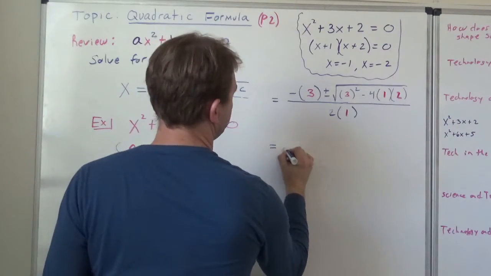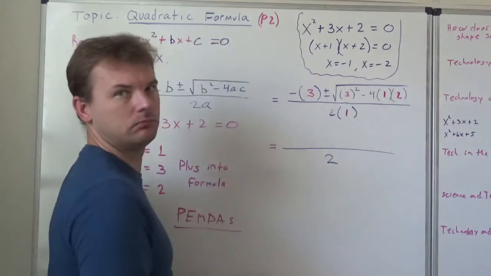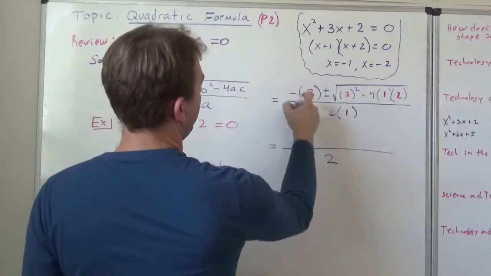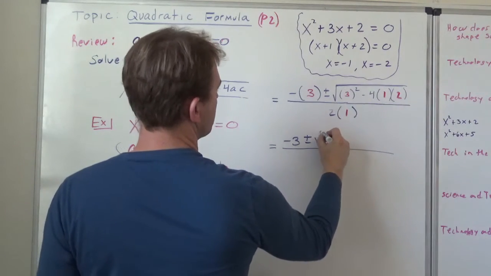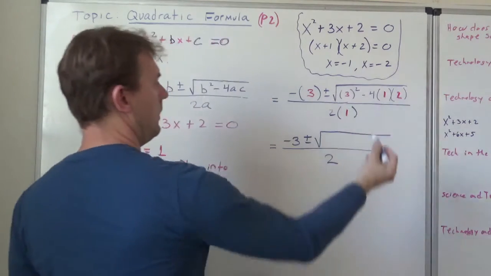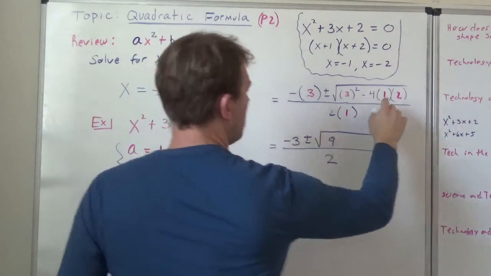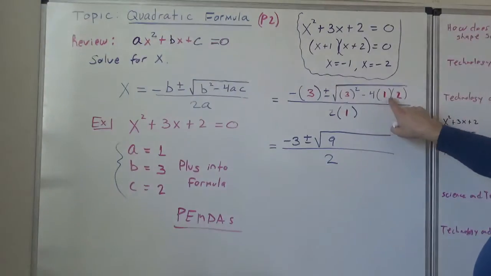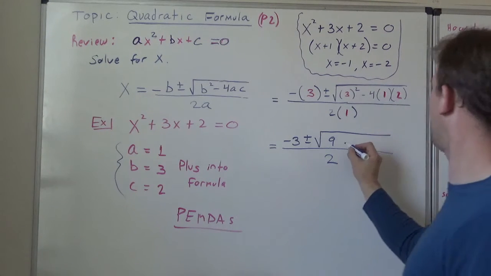So I know the bottom's 2. I know negative 3 plus or minus the square root. What's 3 squared? 9. Okay, be careful with this. 1 times 2 is 2. 4 times 2 is 8. Negative 8.